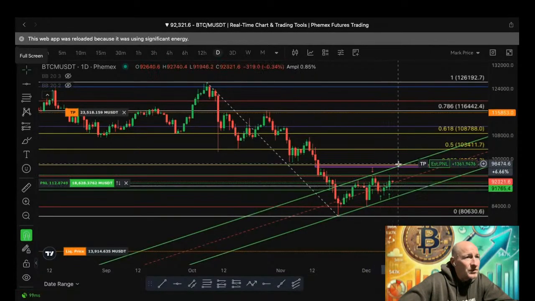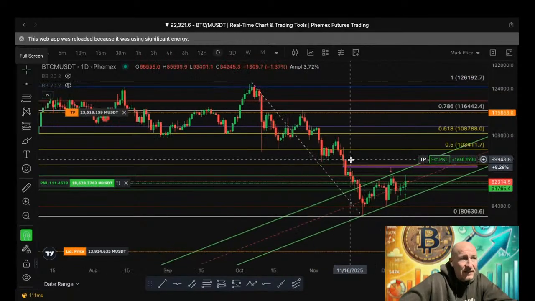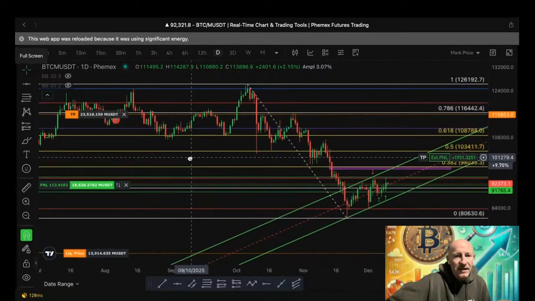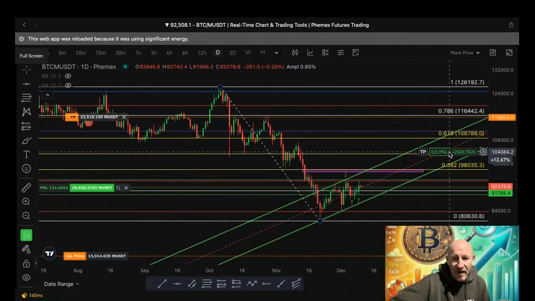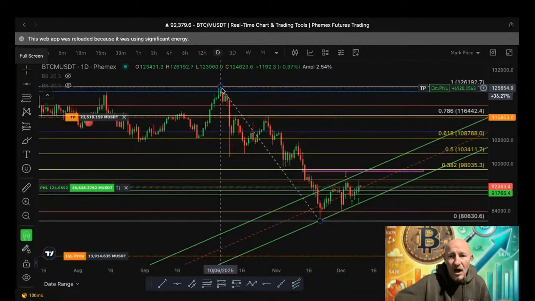If it goes all the way back to 126,000, then that's a 100% move. Not 100% move like in gains. It moved 100% back to its original position. An easier way to explain it is, let's say it gets to this yellow line right here. That's 0.5, 50% of the way back to 126,000.